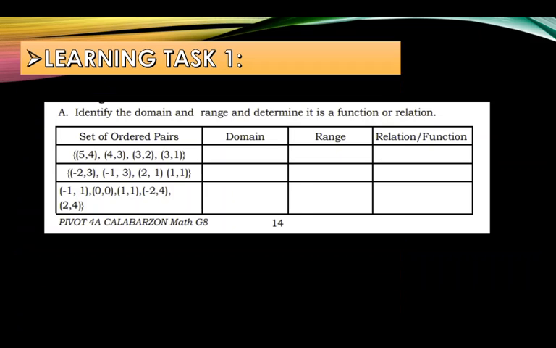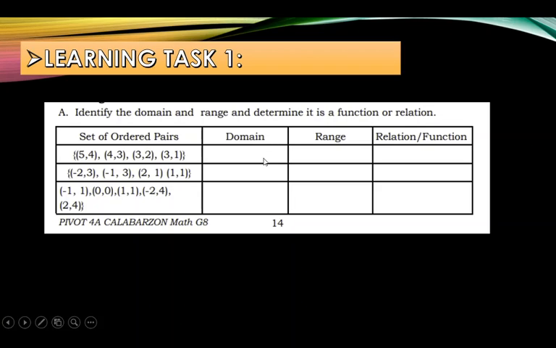Okay, for our learning task number 1. So, this will be written on a sheet of paper and you are going to submit this on Friday. Learning task number 1, identify the domain and the range and then determine if it is a function or a relation. So, we have items 1, 2, and 3.